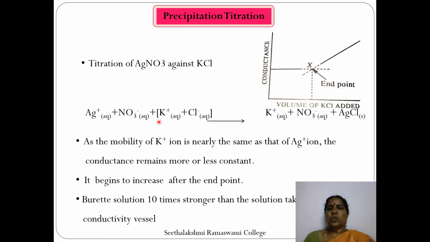Since there is no variation in mobility of ions, there is no change in conductance. After the endpoint, silver chloride is completely precipitated and the increase in conductance is due to the presence of K plus and nitrate ions in the solution.